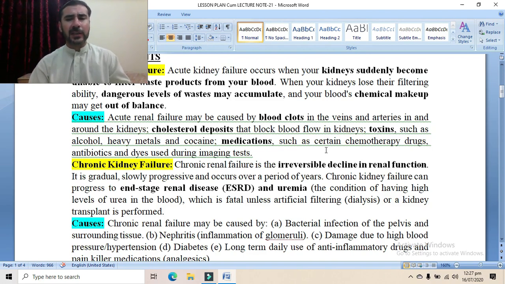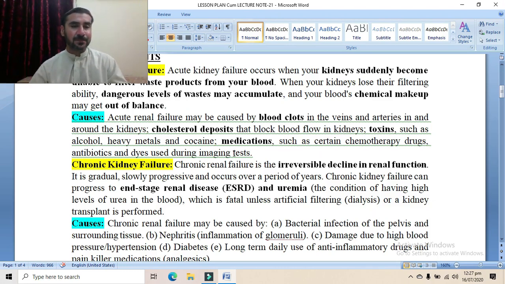There are several medications such as chemotherapy drugs, antibiotics, and there are certain dyes which are used during imaging tests, for example MRI, CT scan. So these all can cause renal failure, because one way or another they will disturb the function of the glomerulus and Bowman capsule, which is the main filtering unit. So as a result, kidney failure will occur.